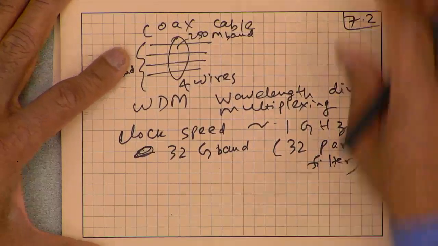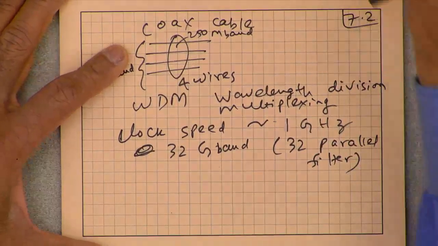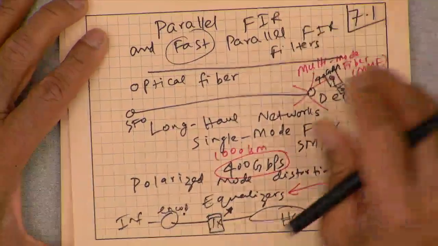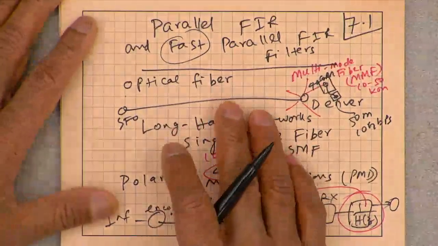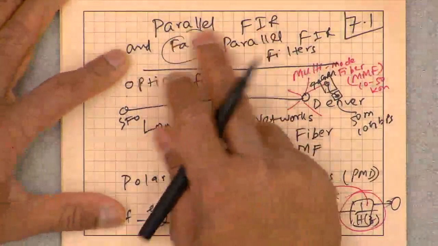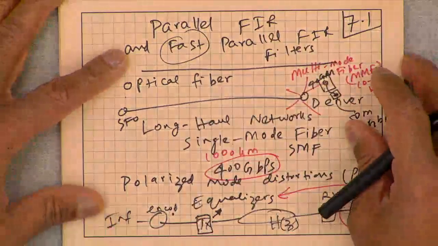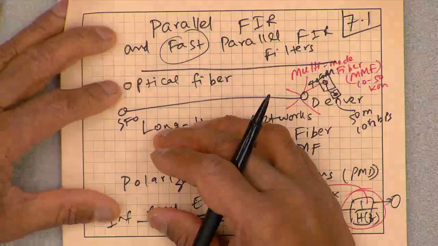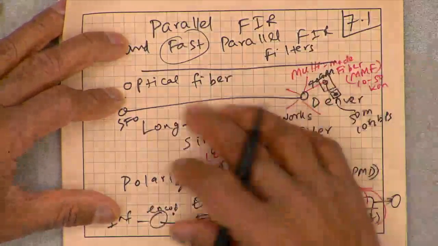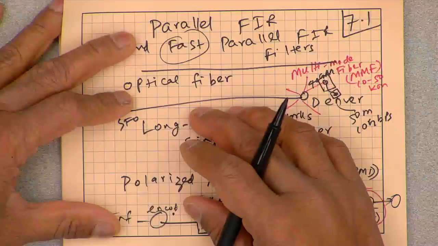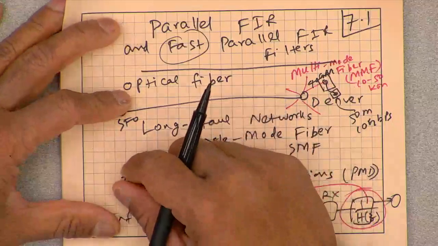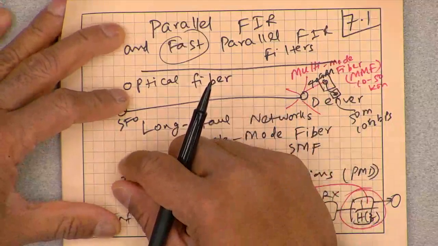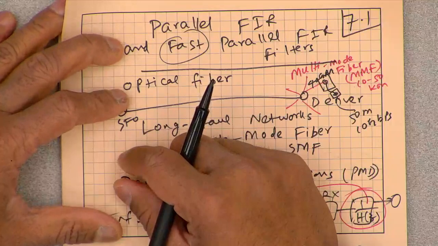It is easy to see that if I take a parallel filter, the number of multiply-adds will increase linearly with parallelism. That's obvious. If I have a 100 tap filter and I want to compute 10 in parallel, then the number of multiplies increases from 100 to 1000.